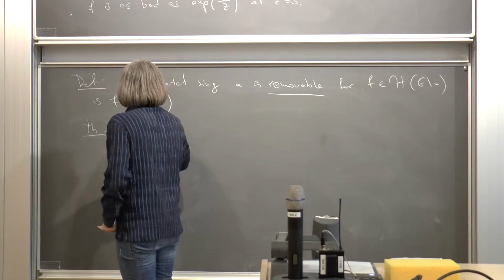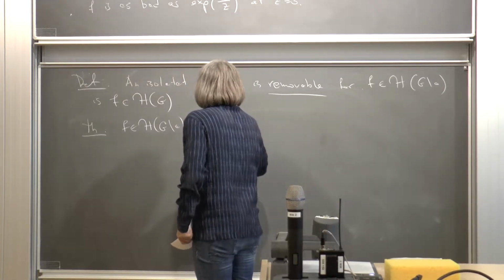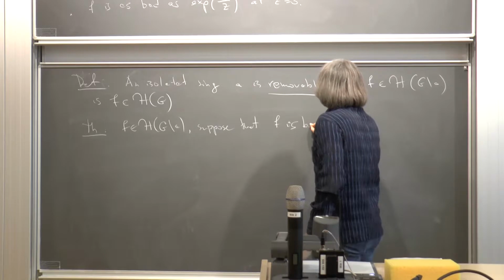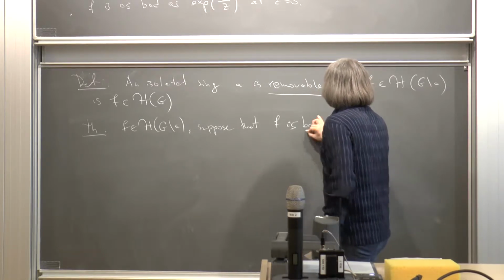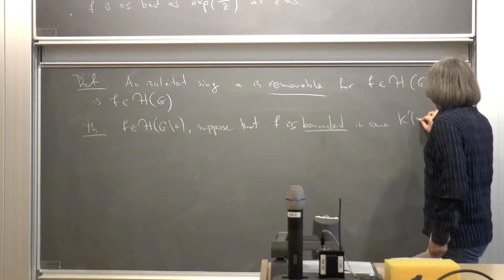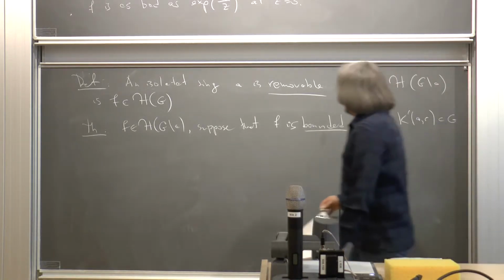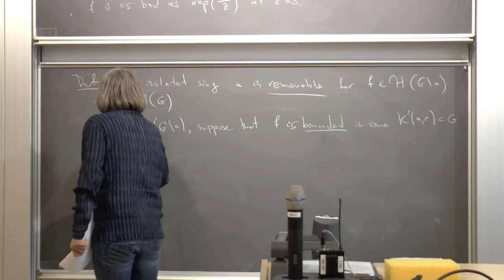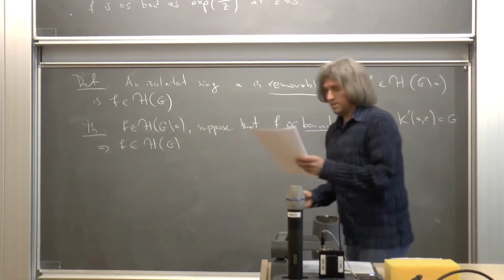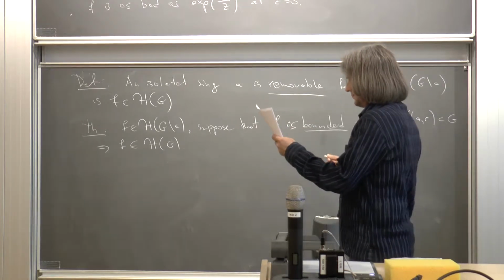Suppose that f is bounded in some punctured disk around a inside G, then f extends to be holomorphic in the whole G. The proof is easy.